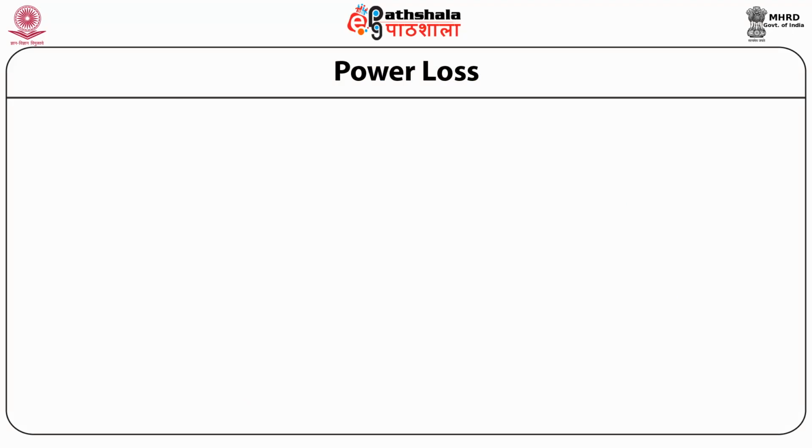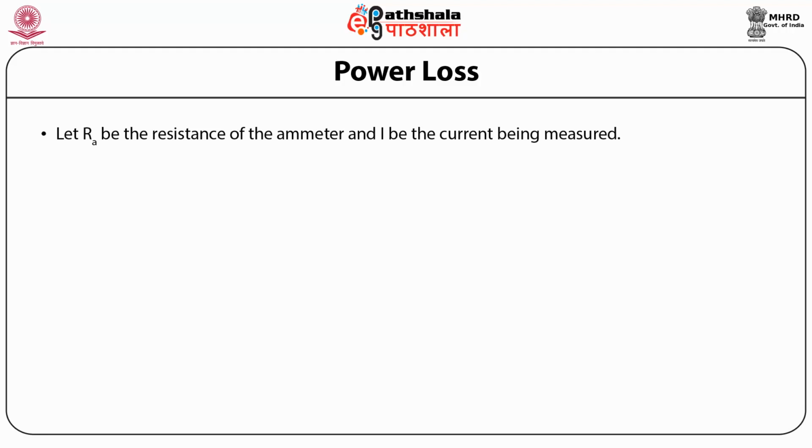So students, now let us first consider the power loss in the analog ammeters and voltmeters. Let Ra be the resistance of the ammeter and I be the current being measured. Power loss in the ammeter, Pa, is given by I squared multiplied by Ra watts.